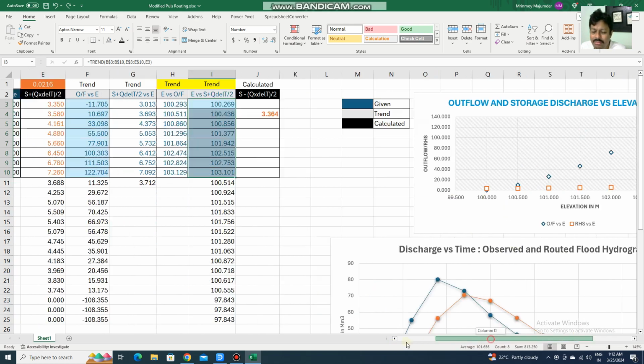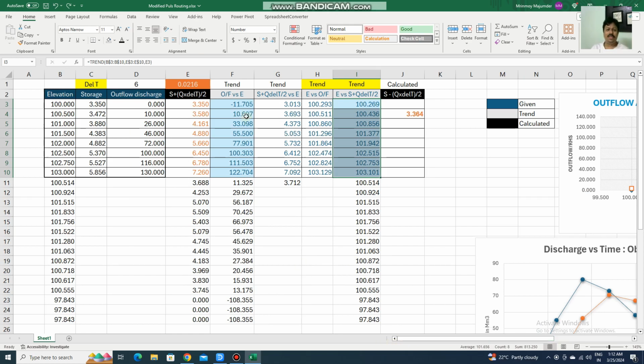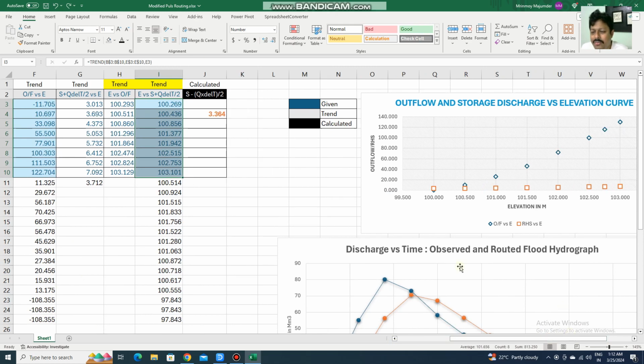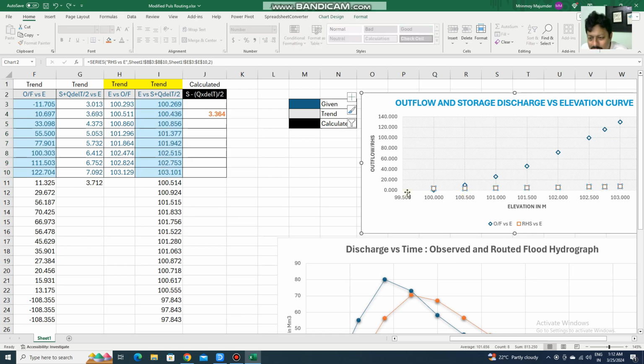So our question is that this is the outflow versus elevation. If I want to know what is the outflow for elevation of 100.5, for a graphical method you have to do this. 100.5 is this point on the x-axis, and draw a perpendicular, and at the point where the perpendicular is cutting this curve, that point's y value will be your answer.